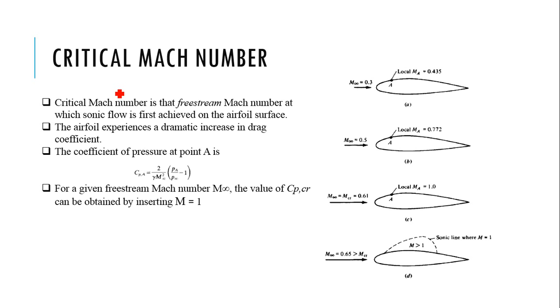Any guess? Because of this critical Mach number, and because of the drag divergence Mach number, because of the rise in drag due to the shock formation over the surface of the airfoil.